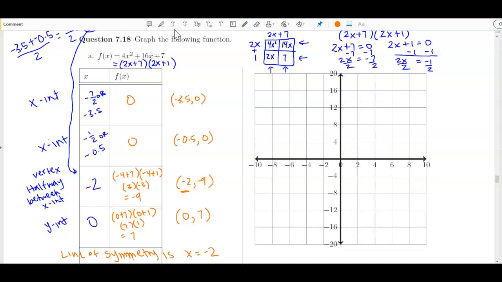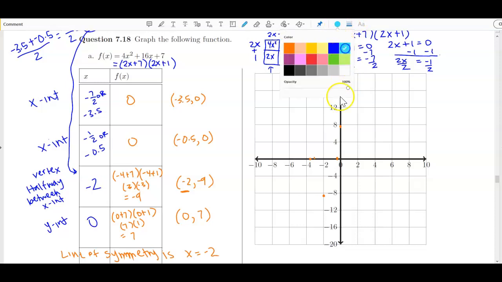All right, so if we plot these in here, -3.5 and 0, that'd be 3, so I'm going to say 3.5 is about there, and then 0.5 is maybe about there, and then over -2 down 9, and over 0 up 7. And so here's our axis of symmetry.